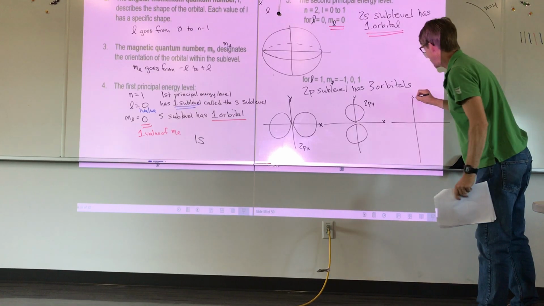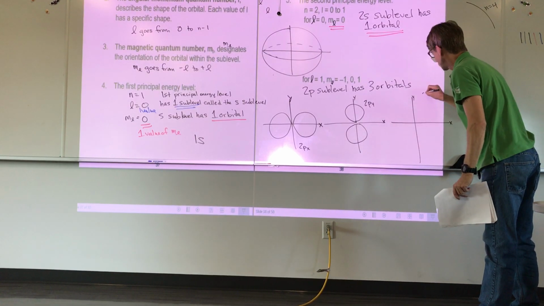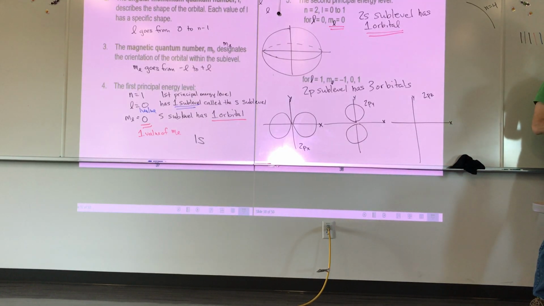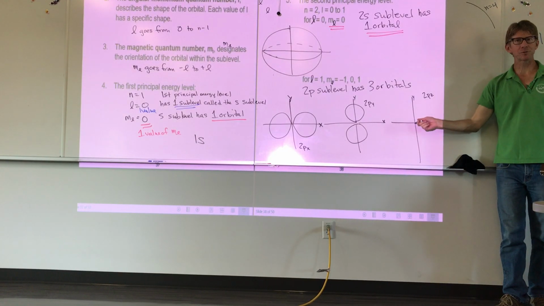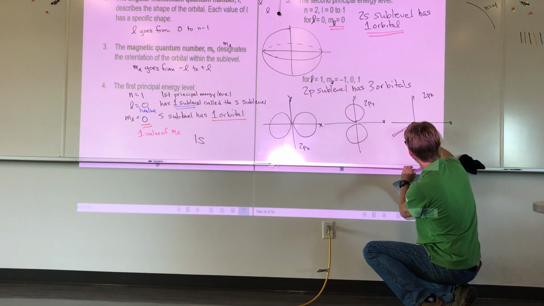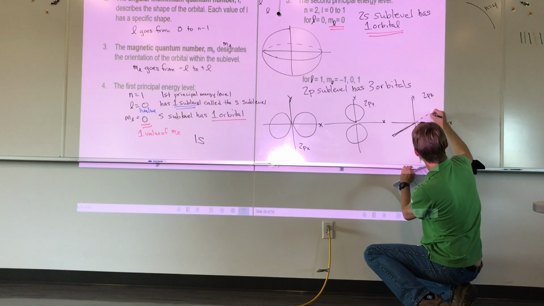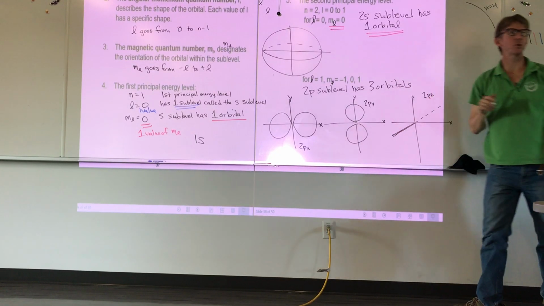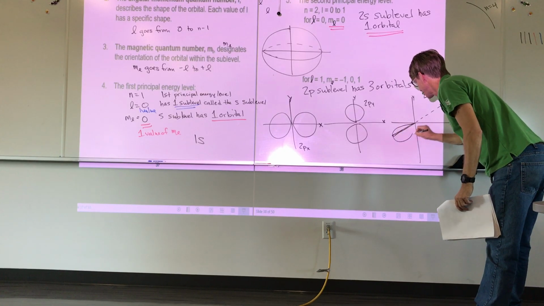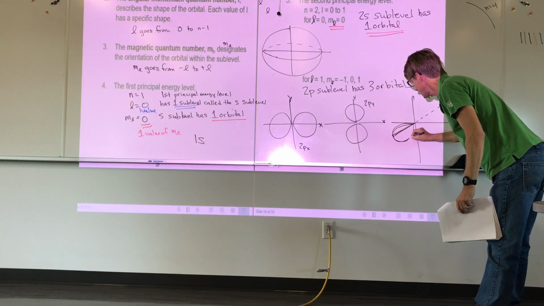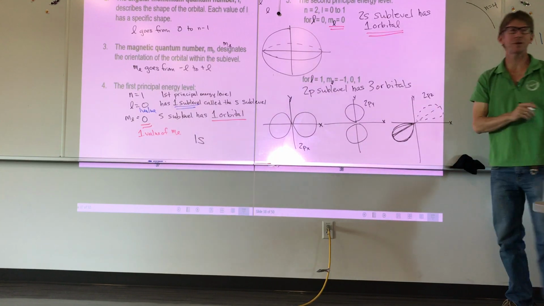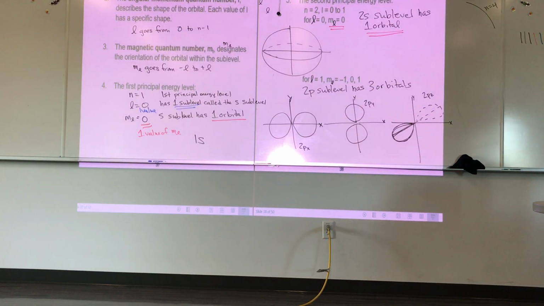Over here we've got the y-axis, we've got the x-axis. This is 2p sub z. The z-axis comes out of the board at you and goes back into the board. I will attempt to draw this as if it's coming out of the board at you. That is my attempt to draw it coming out of the board and going back into the board.